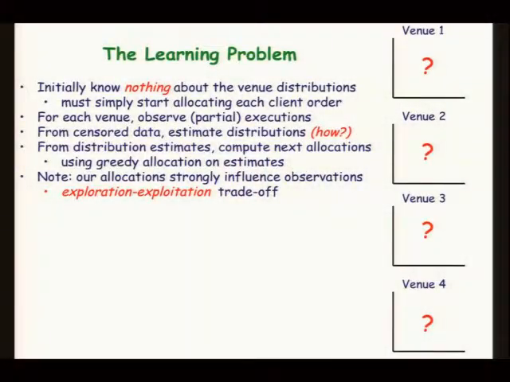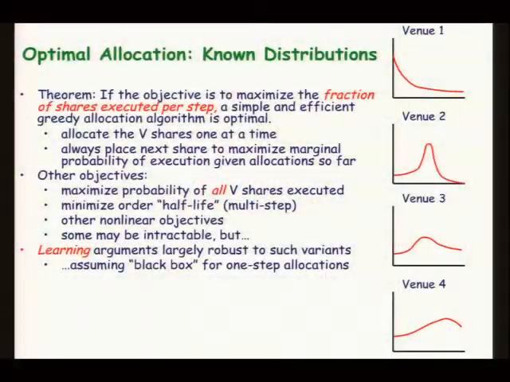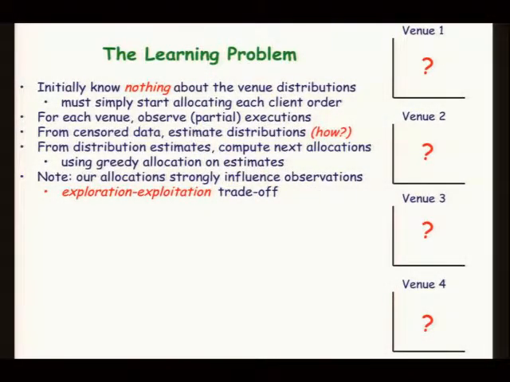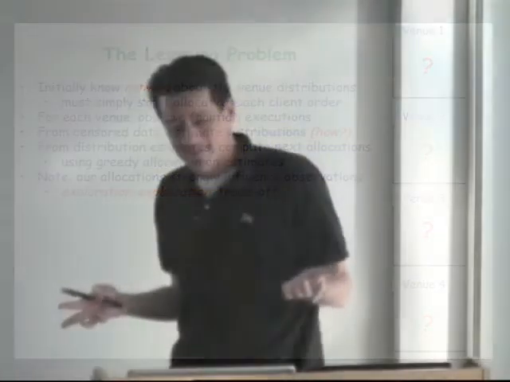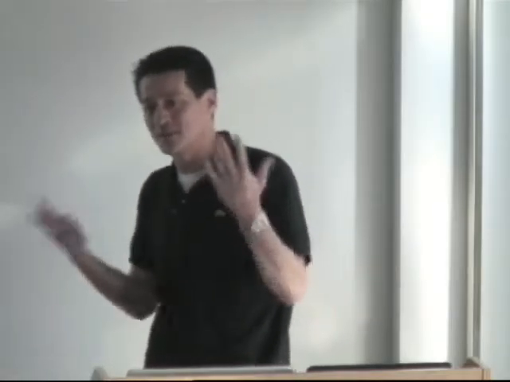Okay, so now we can finally get around to just talking about the learning problem. The difference between this slide and this slide is that, of course, we initially know nothing about what these venues look like, okay? And so, mercifully, there's not too many ways an algorithm for solving this problem can start out, because you know nothing, almost anything you do is equally good or equally bad as anything else.